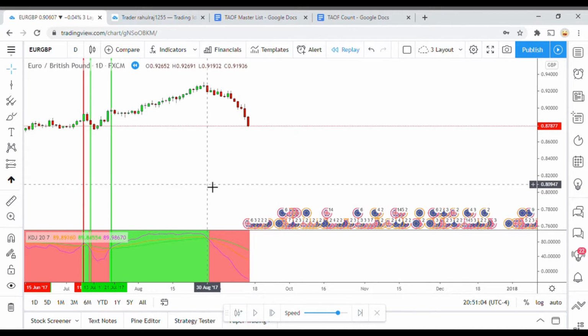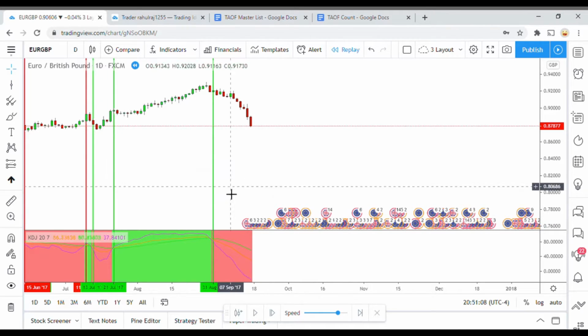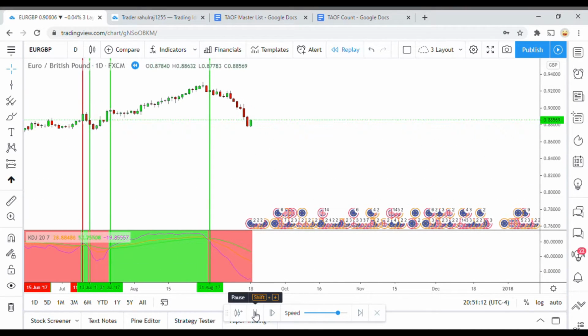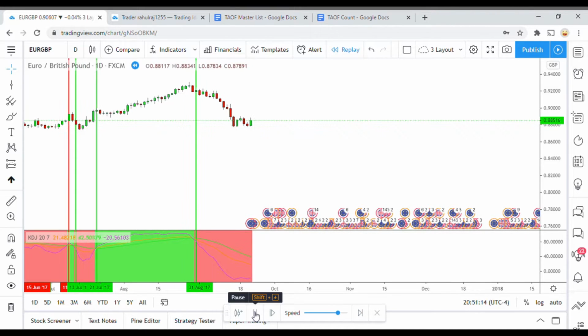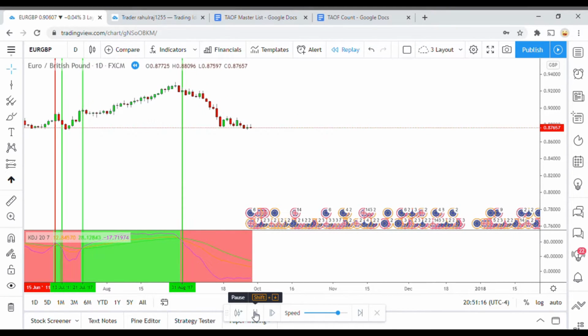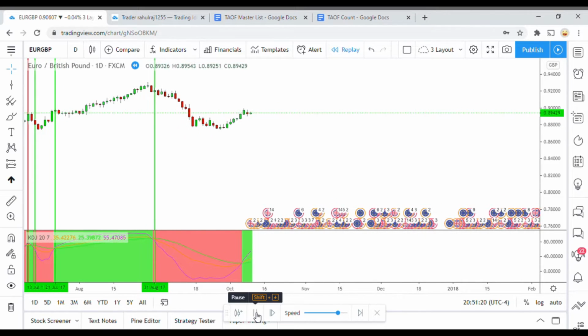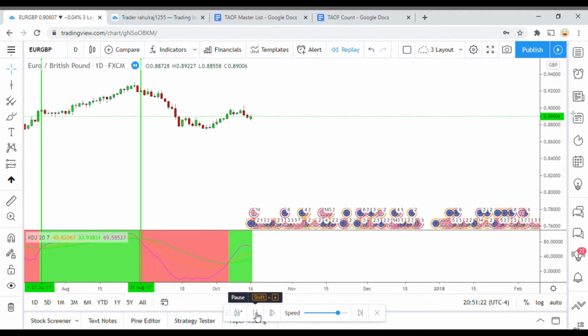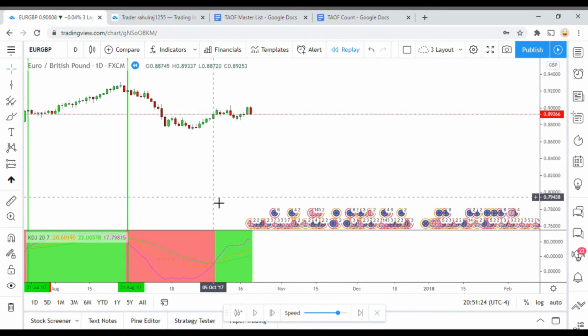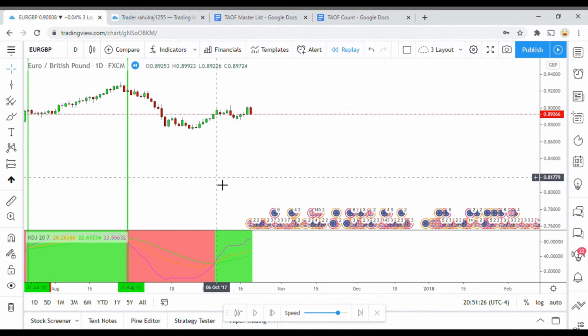Seems to be giving us a really decent early entry. Looks like it sometimes gets faked out by a little bit of choppiness. But that's to be expected from time to time.